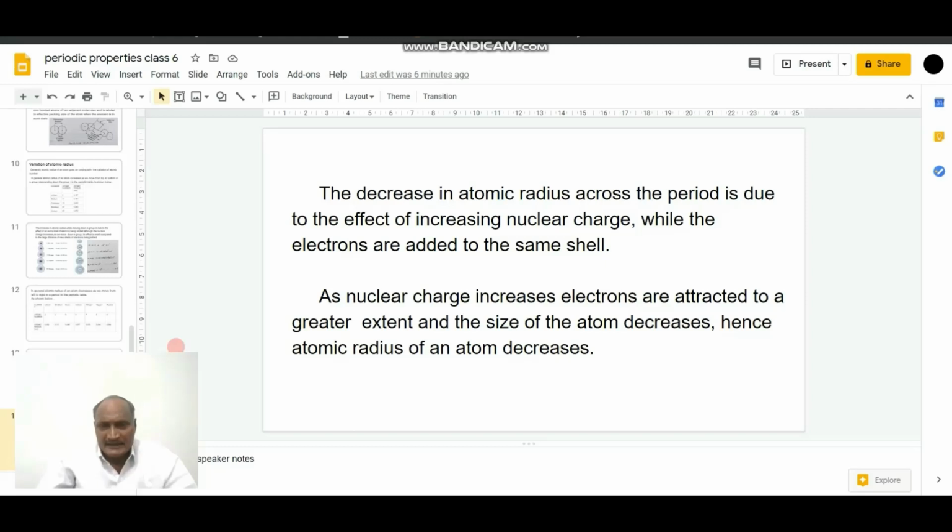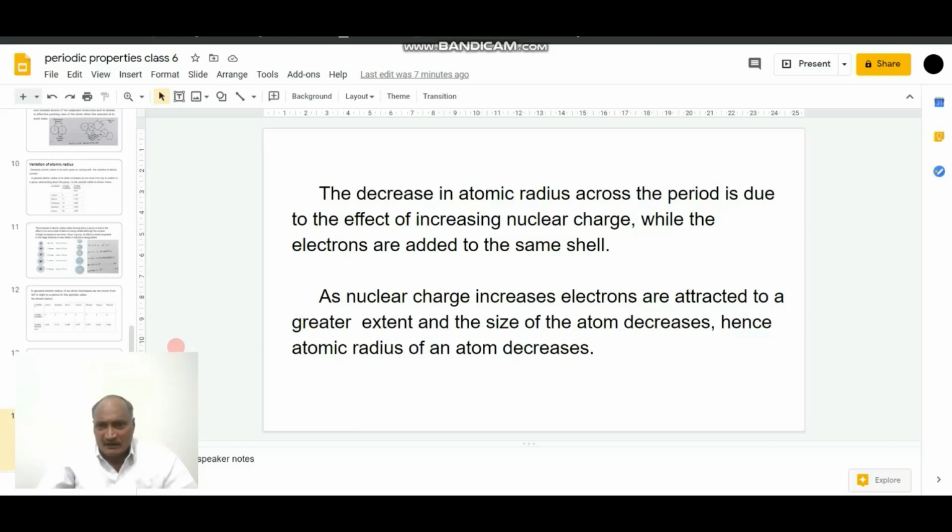There is a constant increase in the nuclear charge, so the increased nuclear charge attracts the orbiting electrons towards the nucleus. As a result, the electrons are attracted more and more towards the nucleus, hence the size of the atoms decreases. As the size decreases, there is a decrease in the atomic radius.